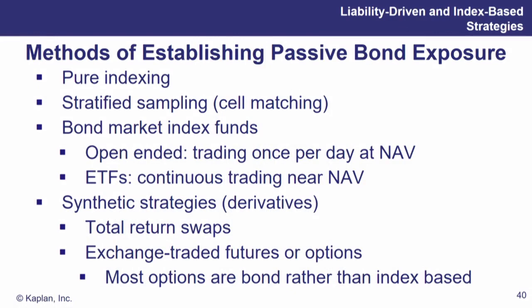I could use derivatives. I could enter a swap to pay the short-term rate and receive the total rate of return of a desired bond index. I could buy futures contracts on bonds or options on bonds or options on futures contracts. Those would give me the rate of return of the underlying.